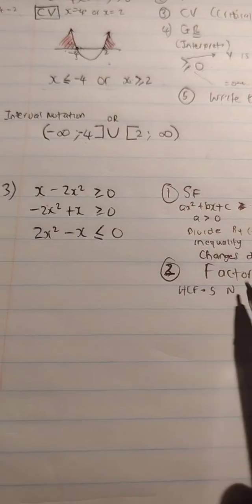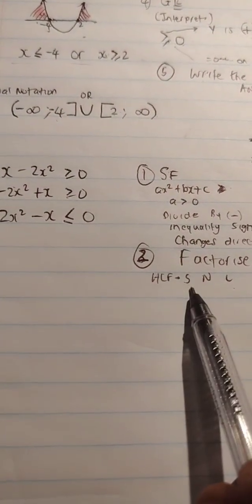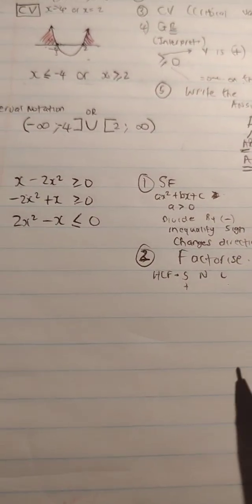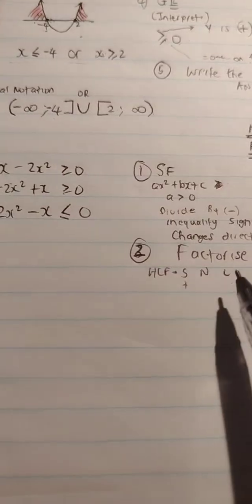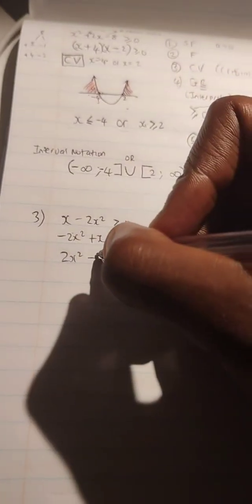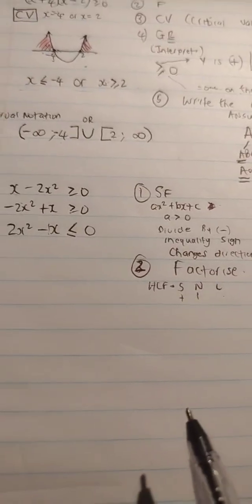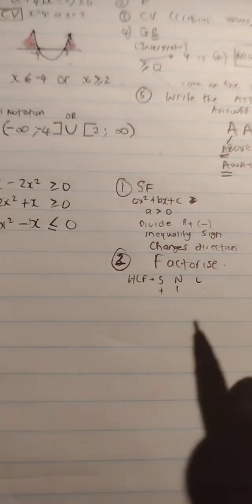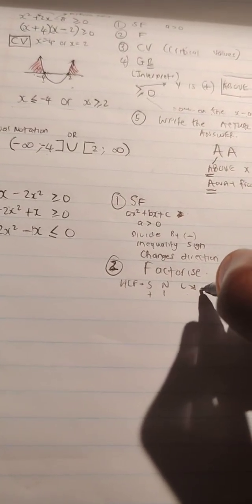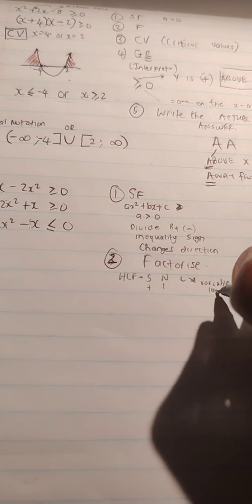If you look at the first term, it is positive, so a positive sign is the highest common factor. For the number, between 2 and 1, the highest common factor is 1. For the letter, you take out the common variable with the lowest exponent.